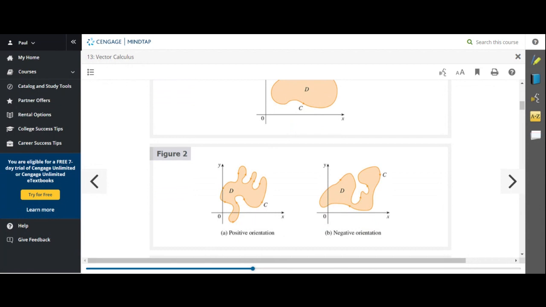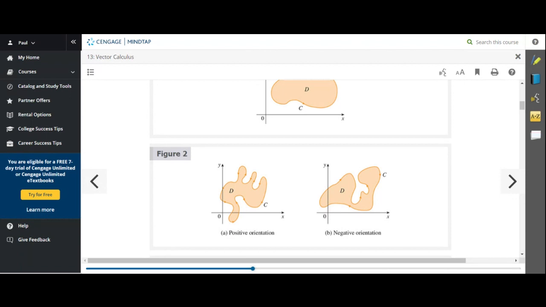No, I'm sorry. Hold on. I didn't see it well enough. Yeah, in A, positive orientation, the movement is indeed counterclockwise. And in B, the movement of the particle is clockwise. That's called negative orientation. Okay, so this orientation, positive, negative, is going to be important.